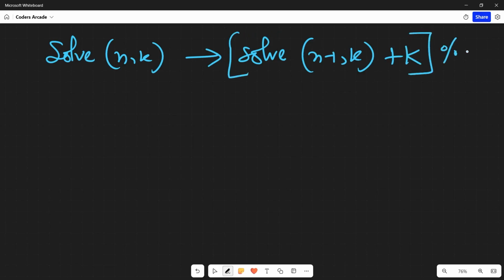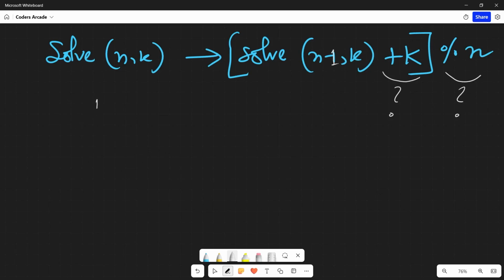We were doing modulus of n. Now in your mind you will have a very important question: why are you adding this k and why are you doing this modulus of n? Right now I am explaining this, but how will you understand the same thing when you are actually attending an interview, right? That will be a very big question in your mind. Right now I'm telling you the solution, but how do you figure out when you have to do this kind of thing? Let me explain that to you.